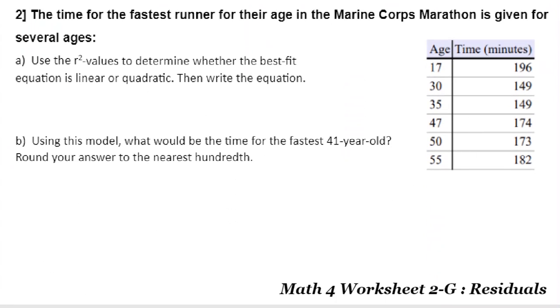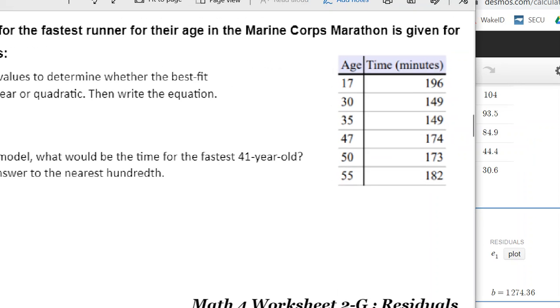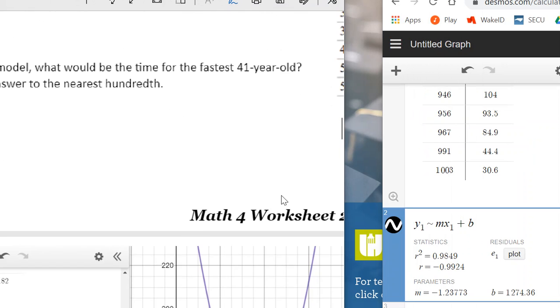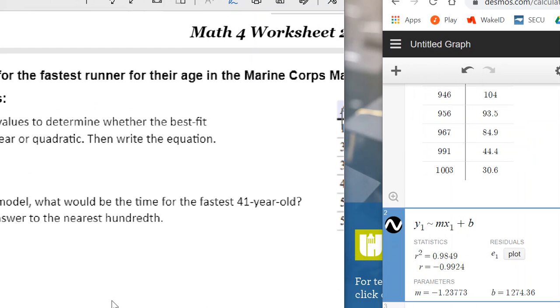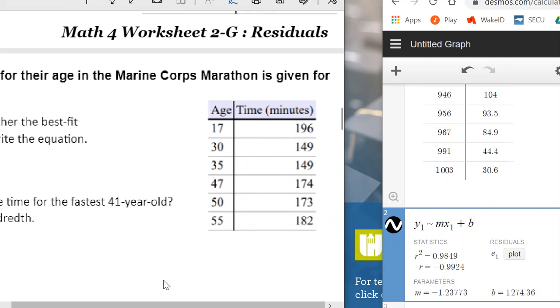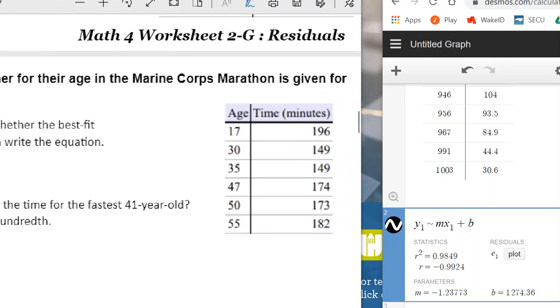Now we've got another problem where we need to see if there is any way that I can, yeah, there we go. That's what I needed. And maybe scoot this over a little bit more.